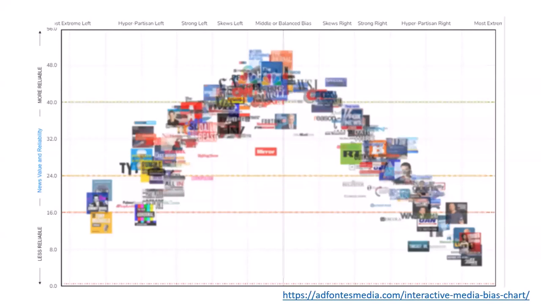And it ranks them on two aspects. On the left axis, we have rankings from less reliable at the bottom to more reliable at the top. And on the bottom axis, it ranks them in terms of political bias. So on the left, it's more liberal, going to the right, more conservative.